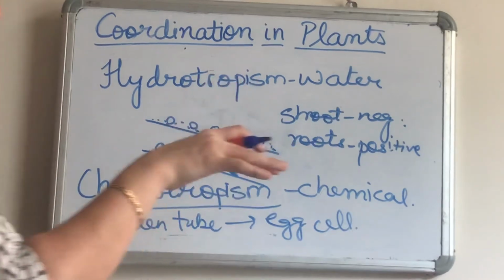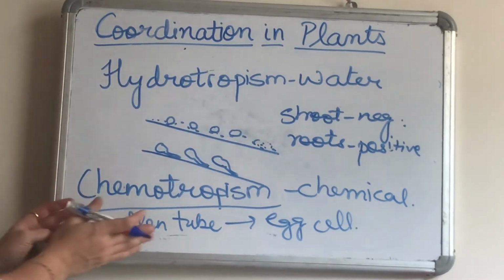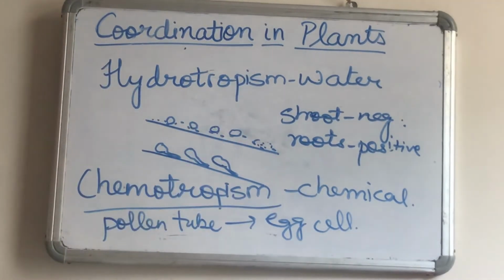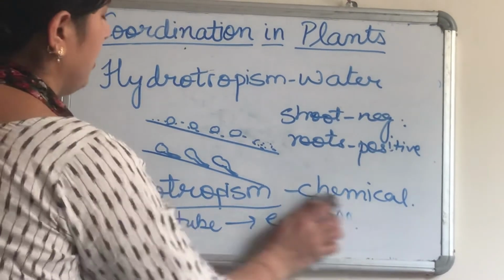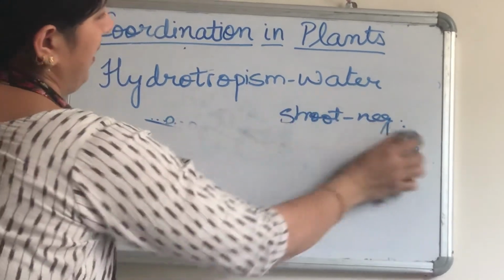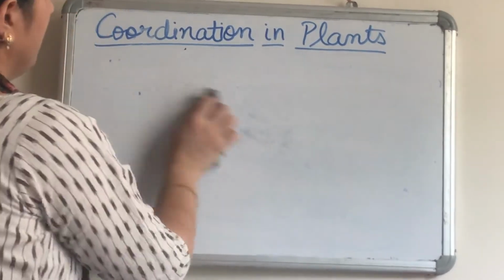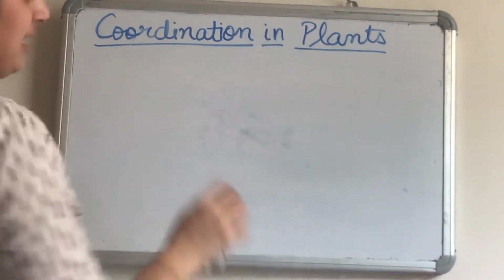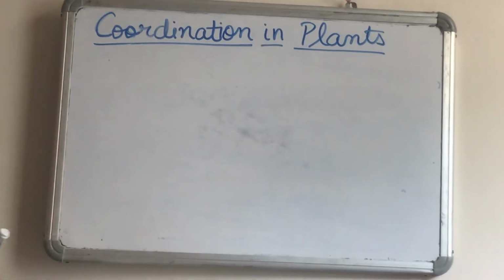Let the position of the flower be any, but always the pollen tube will be curling toward the egg cell. This is the example of chemotropism. Then there are a few others also like thigmotropism, which is in response to touch. Like whenever you grow a money plant in your home, that is due to response of touch, that it will start curling around its support.